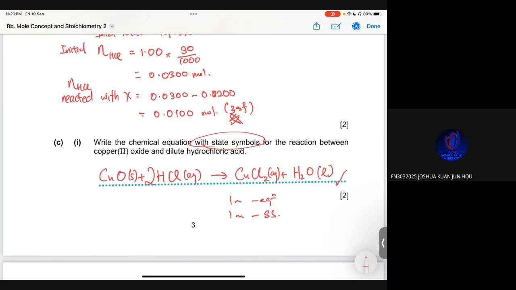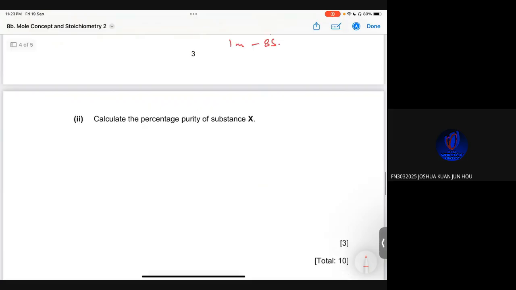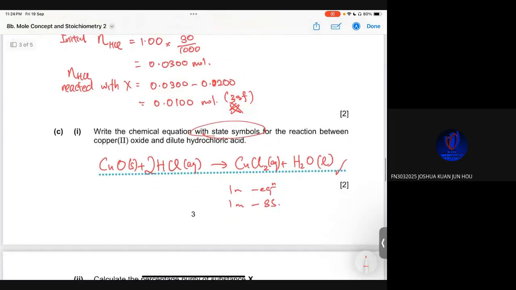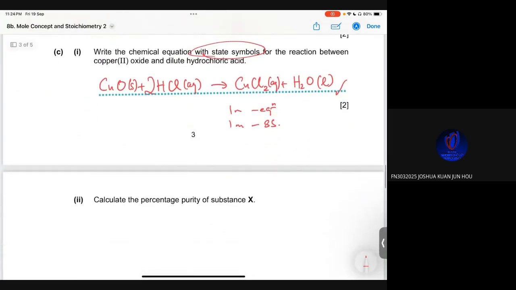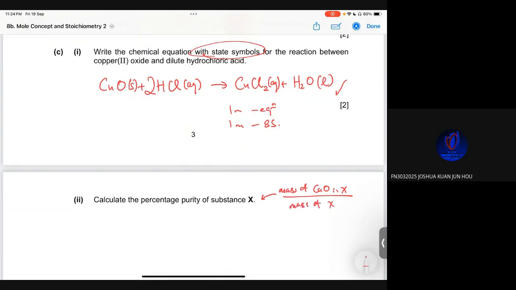Okay, let's go on to the next question. Calculate the percentage purity of substance X. To find percentage purity, I'll need the mass of CuO in X, divided by, sorry, I shouldn't use the word amount, let's be more precise, I need the mass of CuO in X, divided by the mass of X, which is the impure sample, times 100.